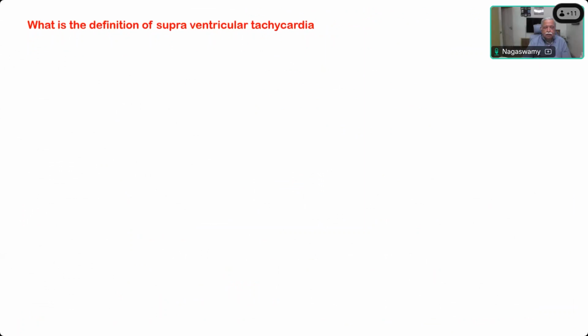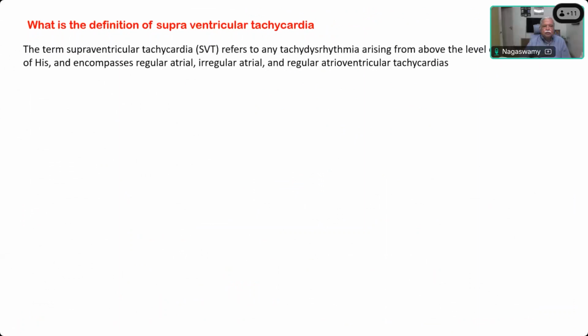The P wave and the T wave coincide with one another. The term supraventricular tachycardia refers to any tachydysrhythmia arising from above the level of the ventricle or bundle of His. It encompasses regular atrial, irregular atrial, and regular atrioventricular tachycardia. So that is the definition of supraventricular tachycardia.